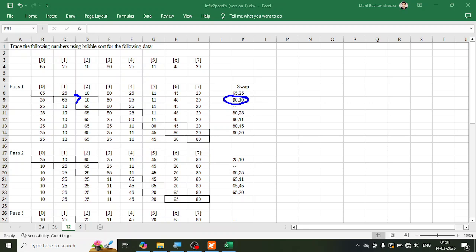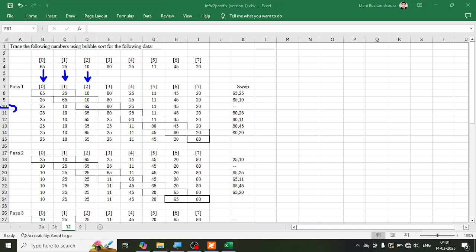You have to write this. So 10 is brought to the position of 65 and 65 is brought to the position of 10. In the next iteration, you've taken this one, you've taken this one, and you are now at this position.